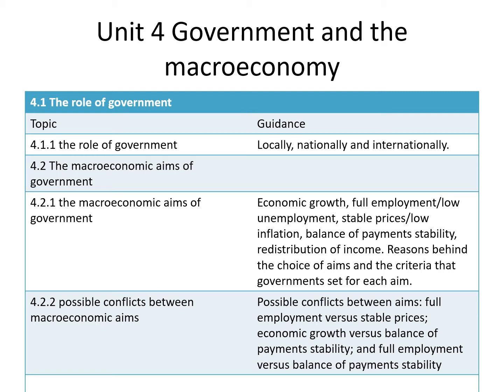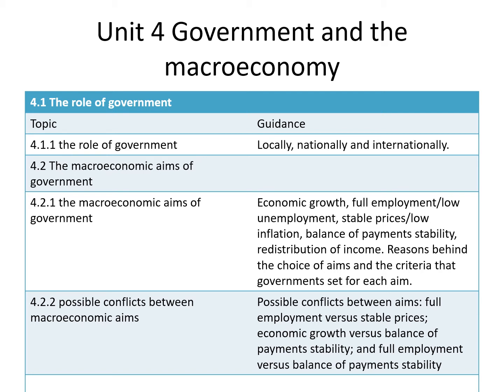For example, what is considered low inflation? Well, the European Central Bank says 2% is a nice level of inflation. And normally developed countries are looking for a low unemployment rate of under 5%.